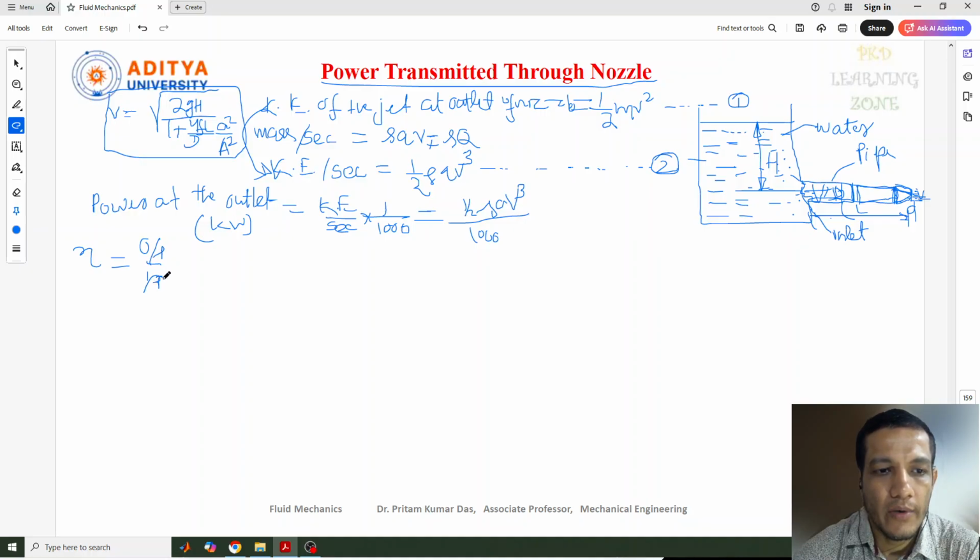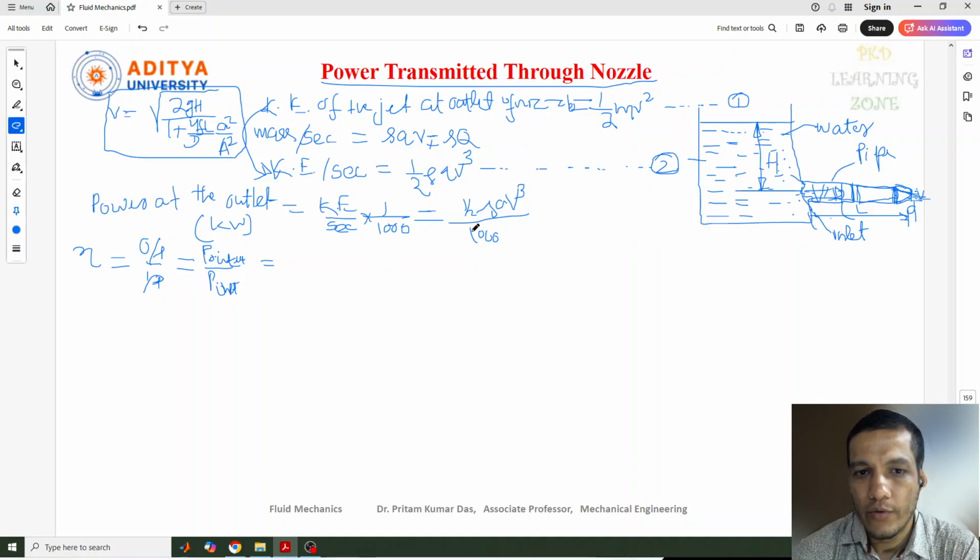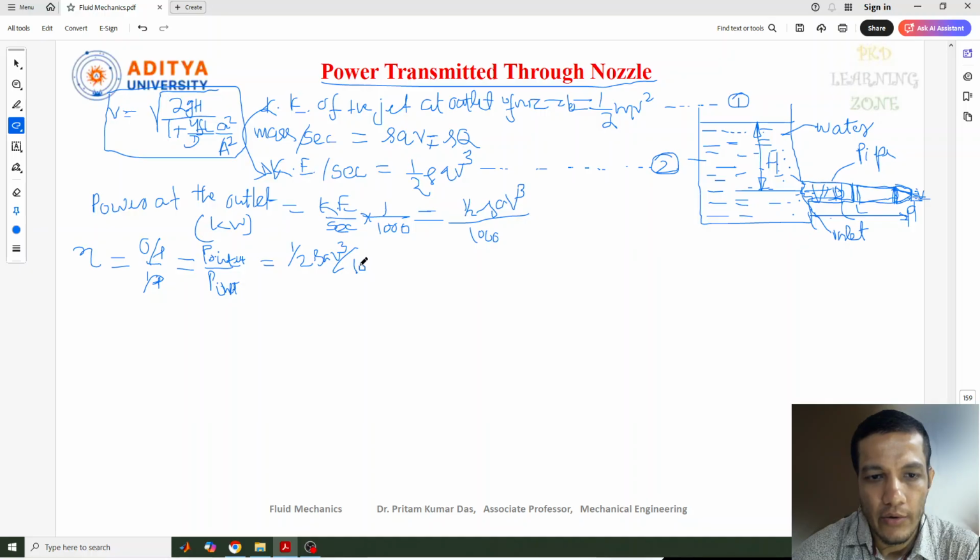Here output means the power coming out from this nozzle, the power at the outlet. So I will write power at the output equals power at the outlet. This one we got, so we write this half rho A V cube by 1000.